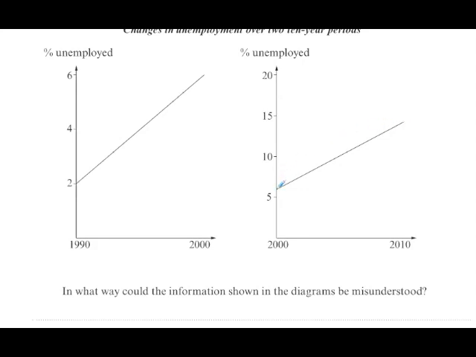So the difference is 15 minus 6 is 9%. So you can see actually the change in the unemployment rate between these 2 years was far greater than between these years. So let's put that into the answer.